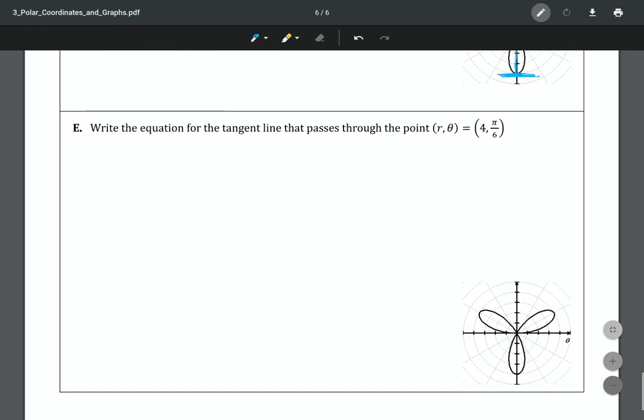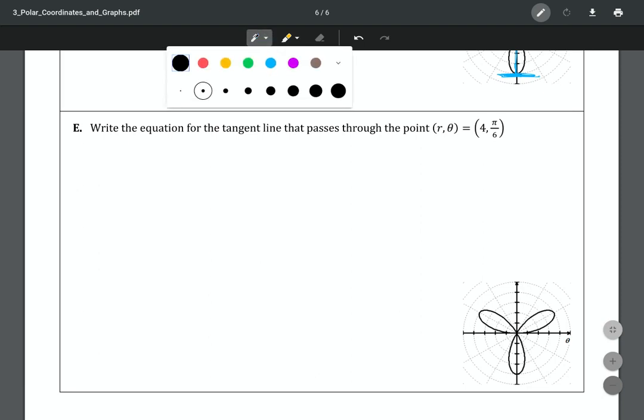All right, so we're back to something semi-familiar, which is the equation of a tangent line that passes through that point. Because it is talking about a line, we're going to have to convert this into rectangular form. So first, we need to figure out the point. The first thing we have to do is convert this back into rectangular form. Remember, r is 4 and theta is pi over 6, right?